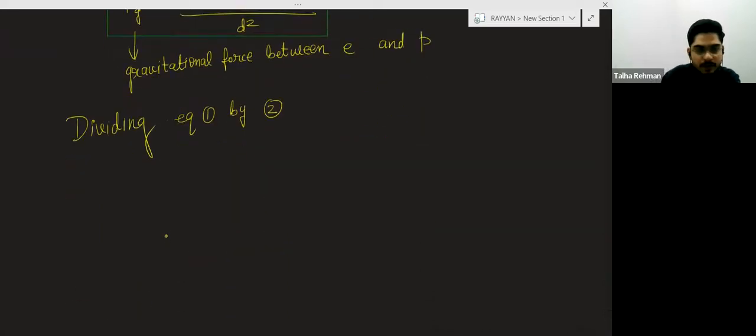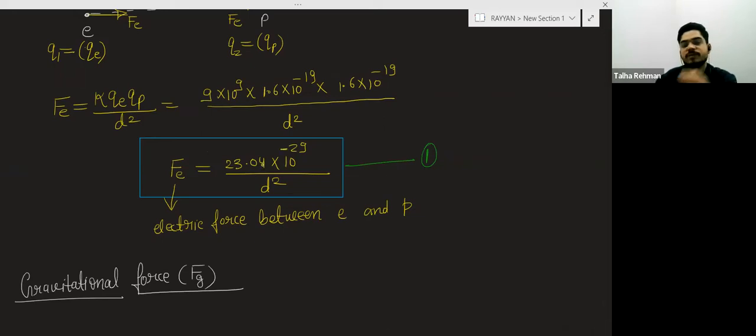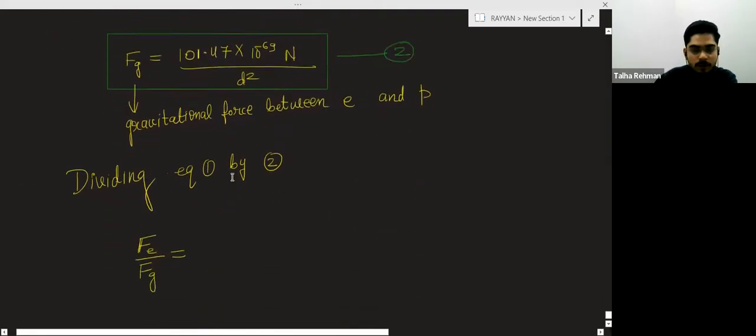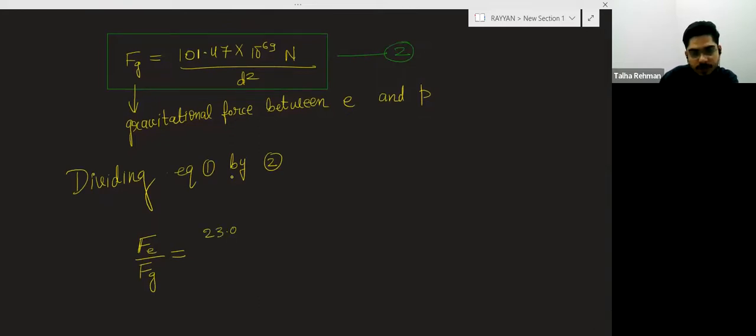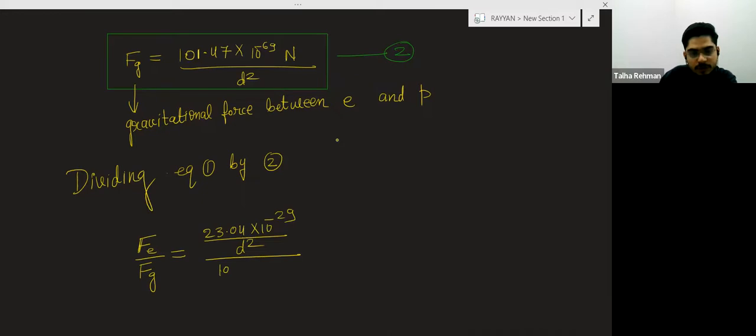So first we will divide Fe by Fg. On the right hand side of equation number 1 we have 23.04 into 10 to the power minus 29 divided by d square, and this will be divided by the gravitational force value, 101.47 into 10 to the power minus 69 divided by d square.